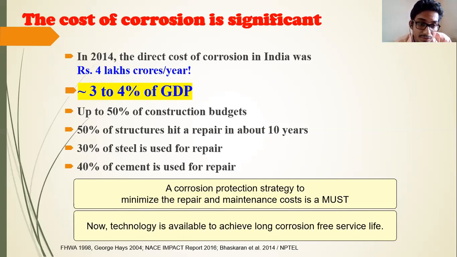The number is quite high. You can also verify with the concrete industry, cement industry or steel industry. You can find the same data over there. So 30% of steel is used only for repair work, and 40% of cement, sorry, we are using for repair work. So this is not actually good.